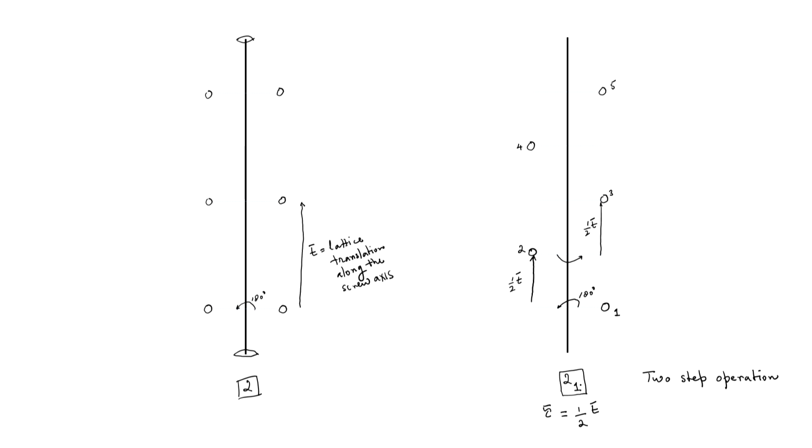Now, if I look specifically at motif number 1 and 3, how are they related? It is easy to see that they are related simply through a lattice translation.